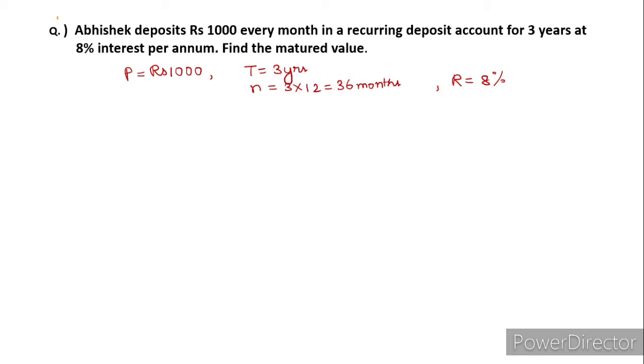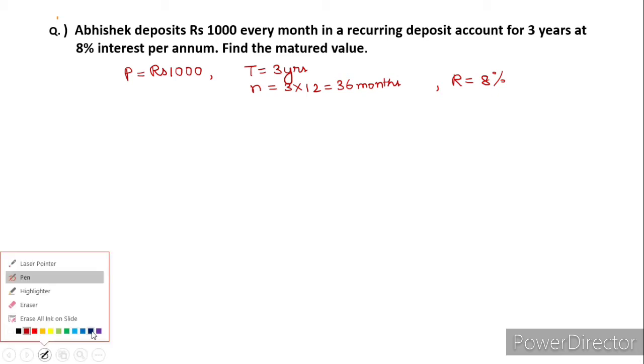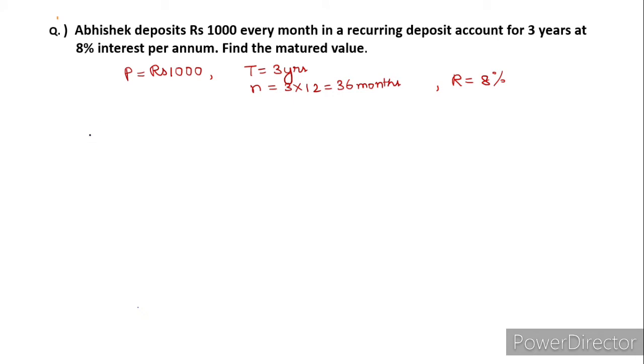Abhishek deposits rupees 1000 per month, that is your principal. Second is time is given 3 years, that is number of months is equal to 36 and rate of interest is 8%. Two formulas that we know, first write the formula. The first formula is I is equal to P into n into n plus 1 by 2 into 12 into R by 100.